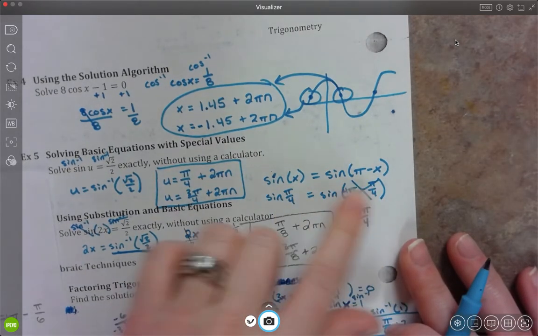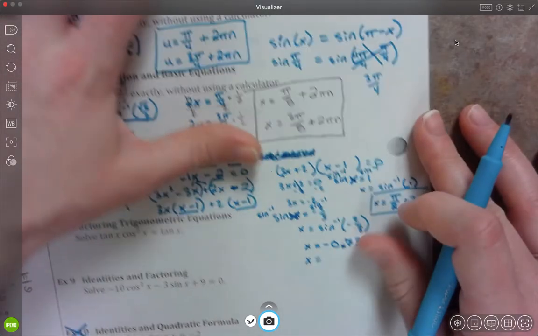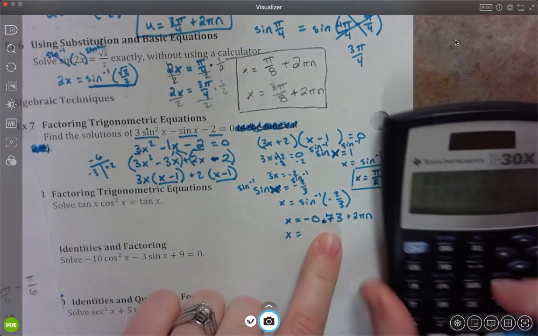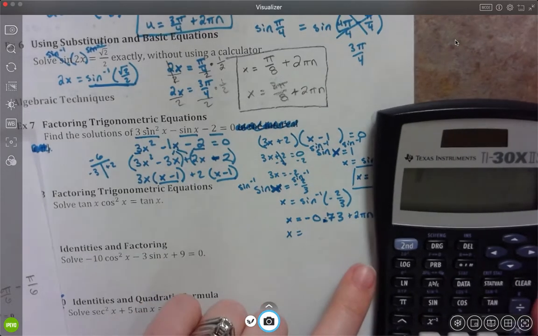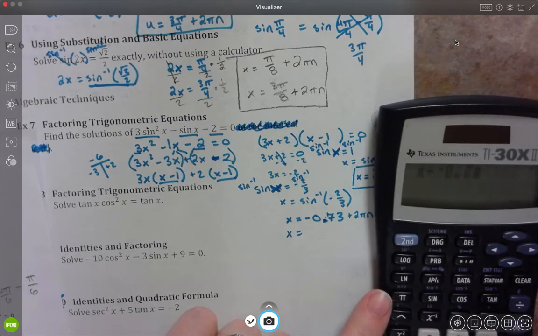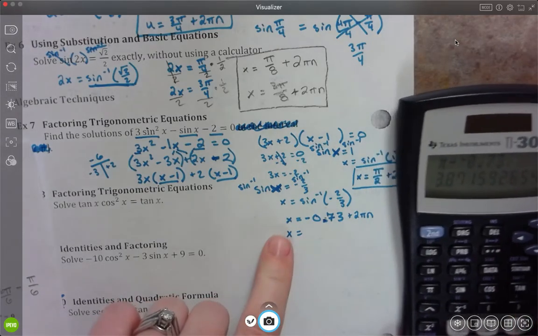So to get my second answer, I need to take pi and subtract this value, and that will give me the second place where he's going to touch. So pi minus a negative 0.73 will give me 3.87.